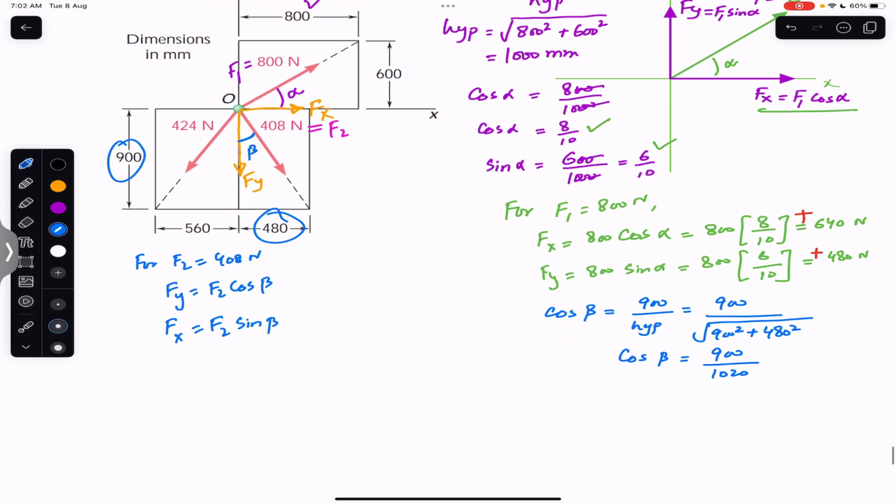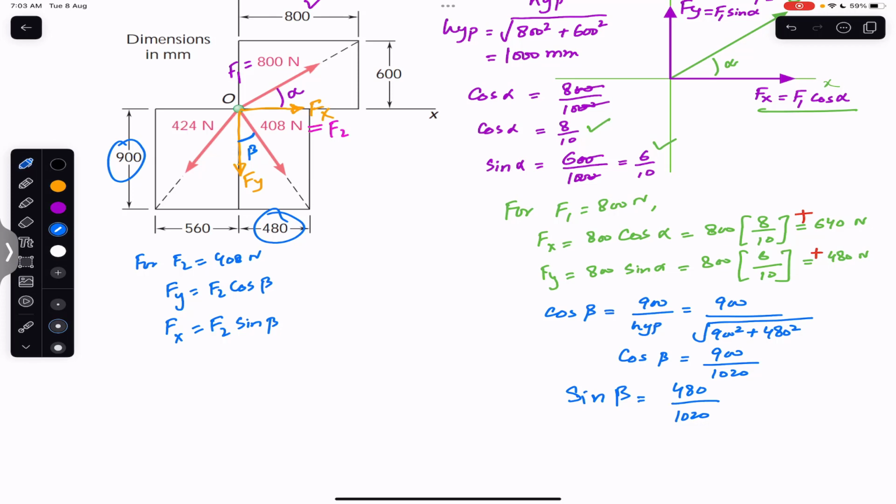Similarly, the sine of beta for this triangle will be the perpendicular divided by the hypotenuse. So sine of beta will be 480 divided by the hypotenuse, which is 1020.